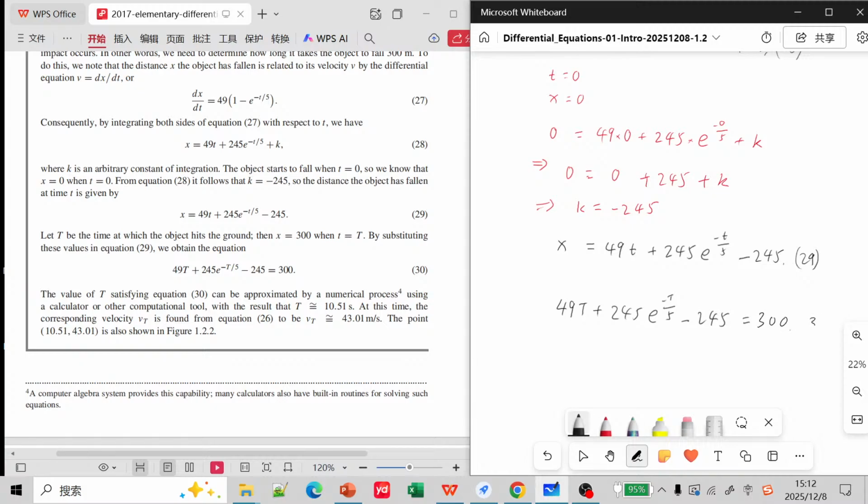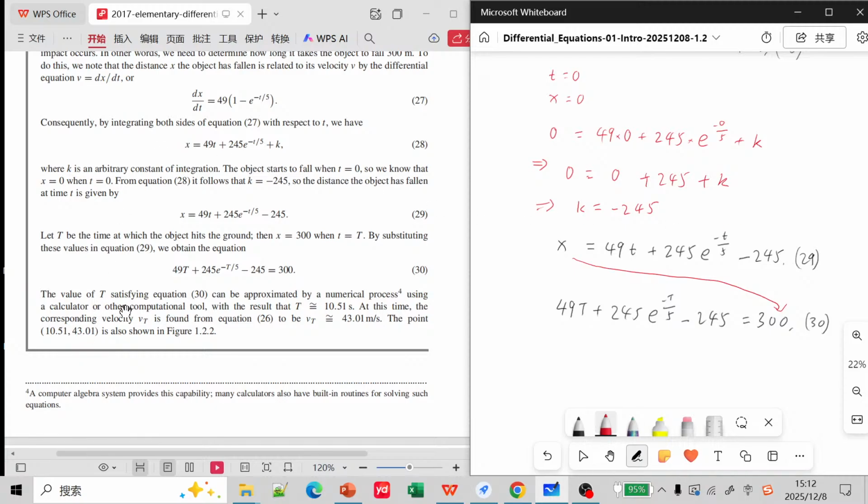This is equation 30. Here we just exchange the two sides of this equation. You can see here, and then this thing becomes here in the big T.